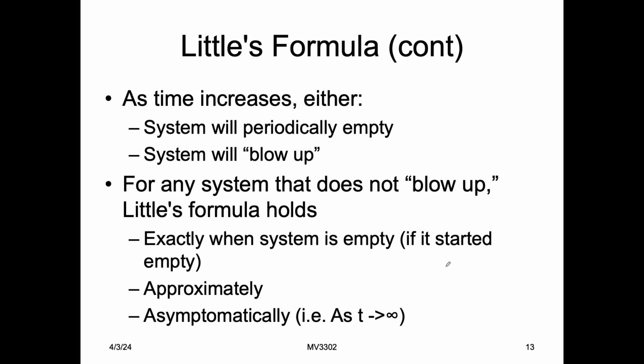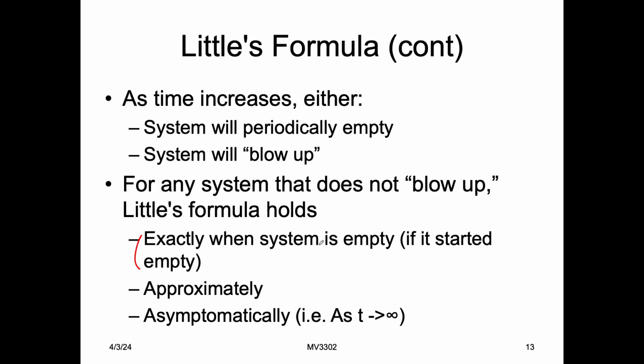The interesting thing is that Little's formula holds exactly when the system is empty, as long as it started empty. That's the other caveat. But it holds approximately as t gets bigger. As you run your model longer and longer, it gets closer and closer to being true.